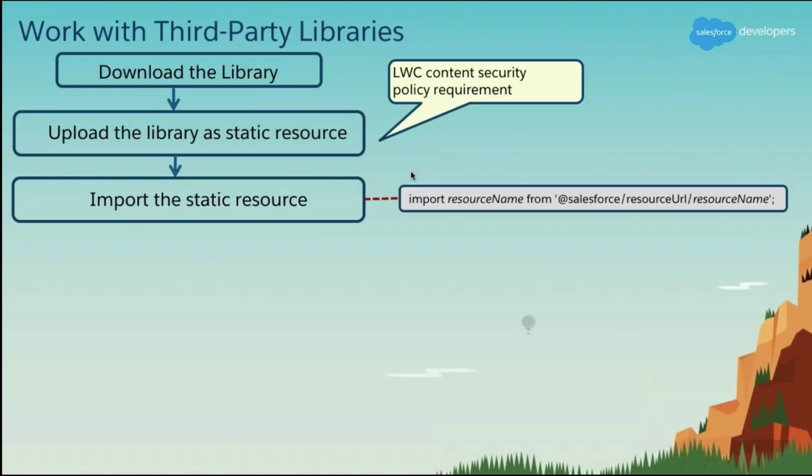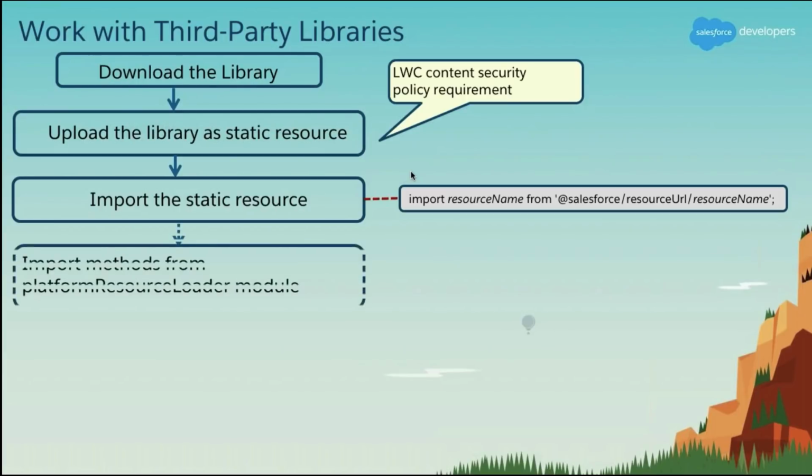This is the syntax for how we import the static resource into our JavaScript file. We can import resource name from Salesforce/resource URL, and whatever resource name you gave while uploading it as a static resource. And one more important thing we need to do in order to use a third-party library is import a method from the platform resource loader module.